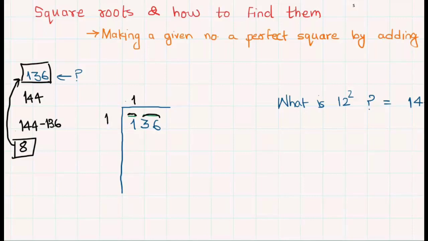What then do we do? We subtract the square from this. So it becomes 0 and 36 comes down here. This group comes down like this. Then what's the next step?